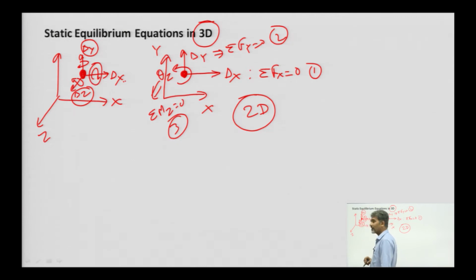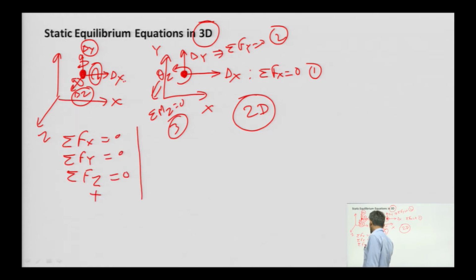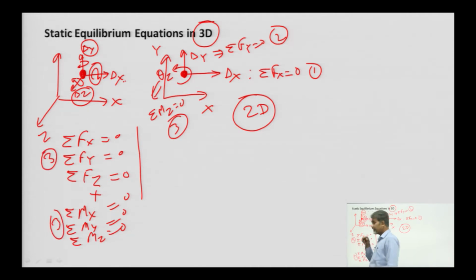So, in total, 6 equilibrium equations are available in case of a 3 dimensional figure.